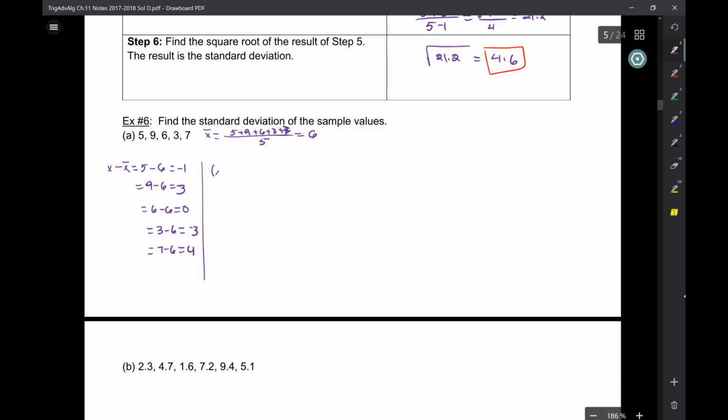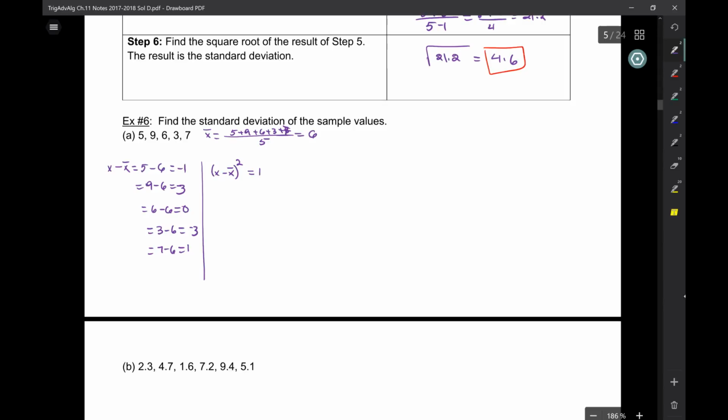Next step is x minus x bar squared. Okay. So whatever I got over there, I'm just going to square them, right?